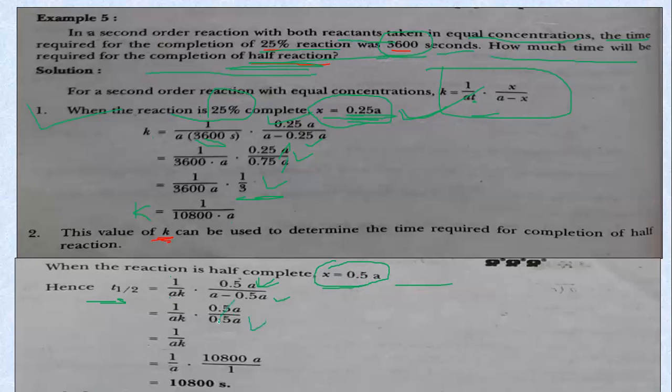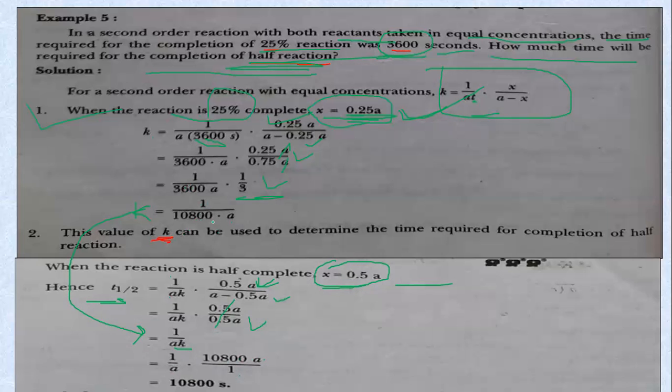So put the values here. This term gets cancelled now. So 1 upon AK. Now you know the value of K. You are taking the value of K from here over here. So that will be 1 upon A into 10800 into A upon 1. You know the value of K here is 1 upon 10800.